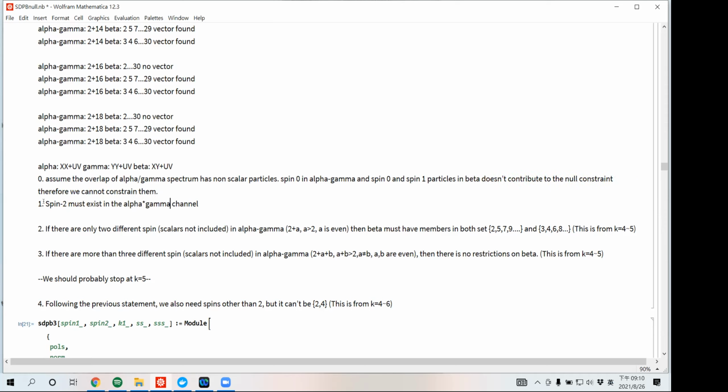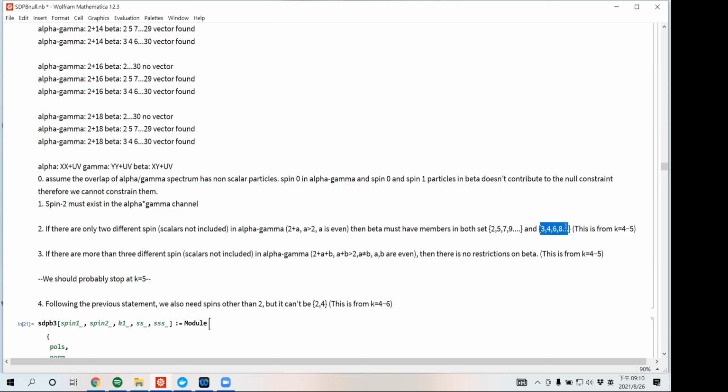Okay. And spin 2 must exist in alpha gamma, and this was mentioned last time. The second statement is if there are only 2 spins in alpha gamma, that is 2 and some A, where A is larger than 2 and A is even, then beta must have a member in both this set and this set.